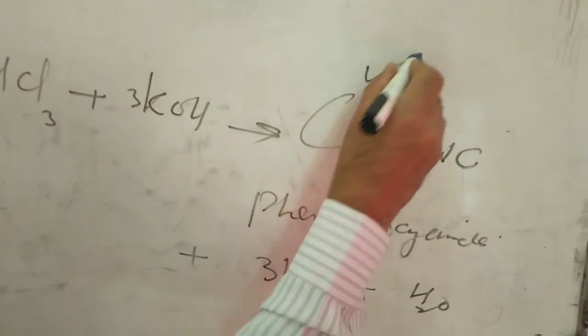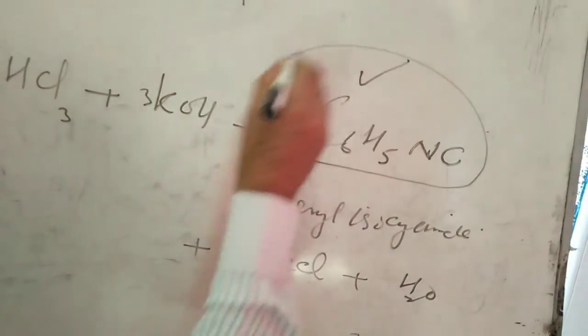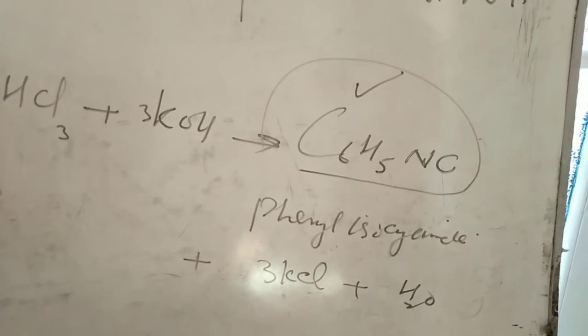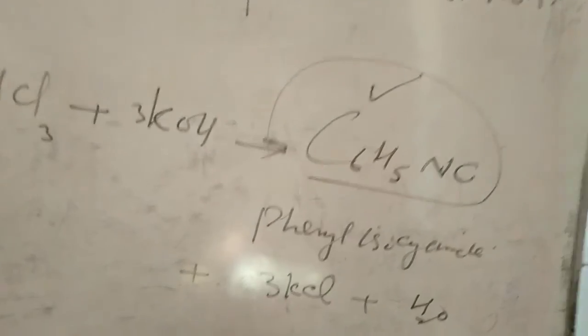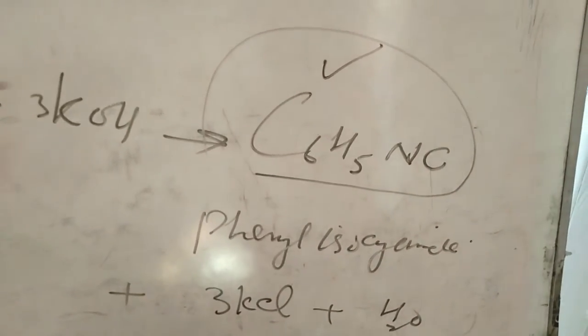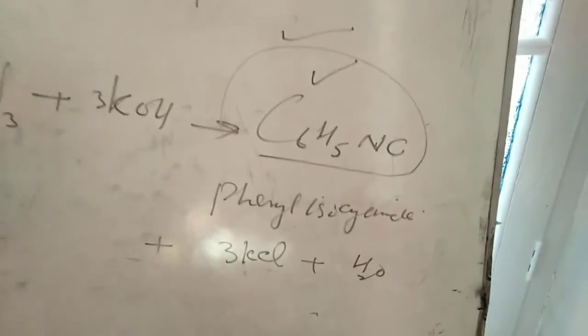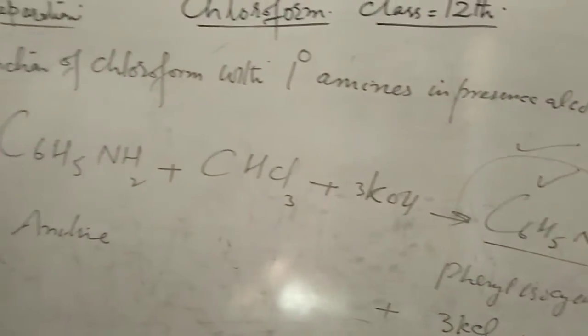So this phenyl isocyanide has a very pungent smell. This is known as carbylamine reaction. So this was the reaction of chloroform with primary amines.